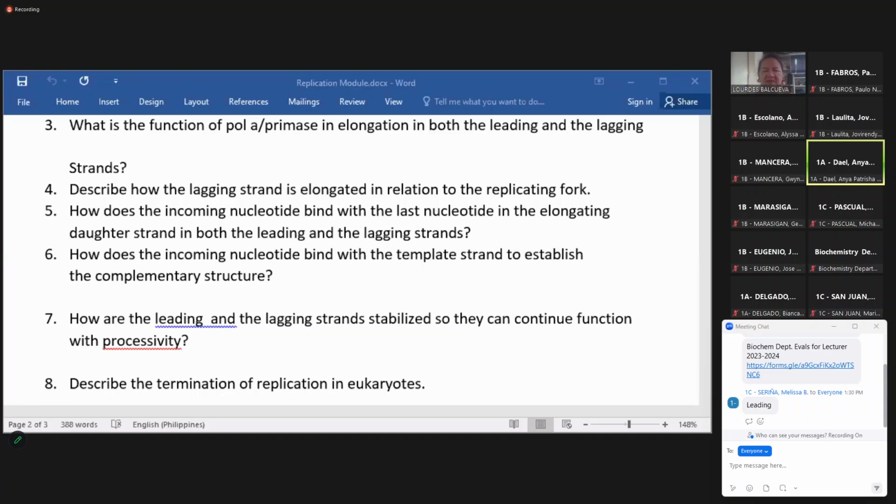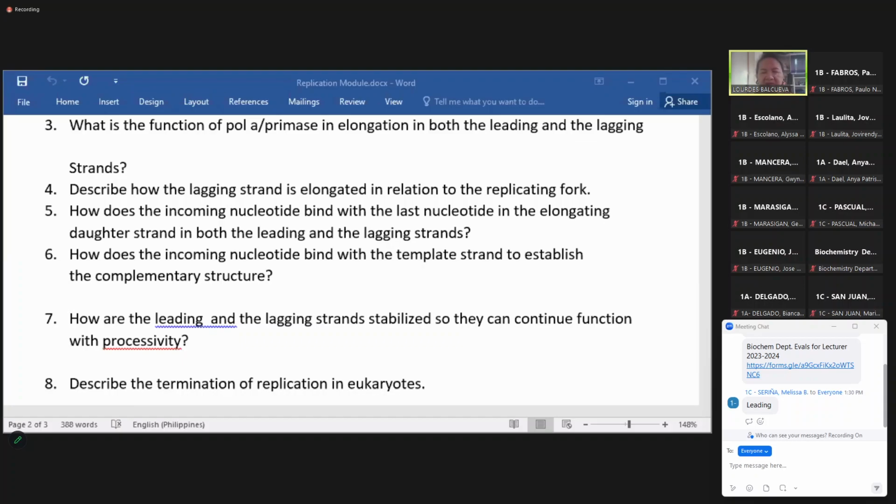If I remember po correctly, each Okazaki fragment needs a new primase. Yes, each Okazaki fragment, because it's discontinuous. One Okazaki fragment is not really connected with the other.